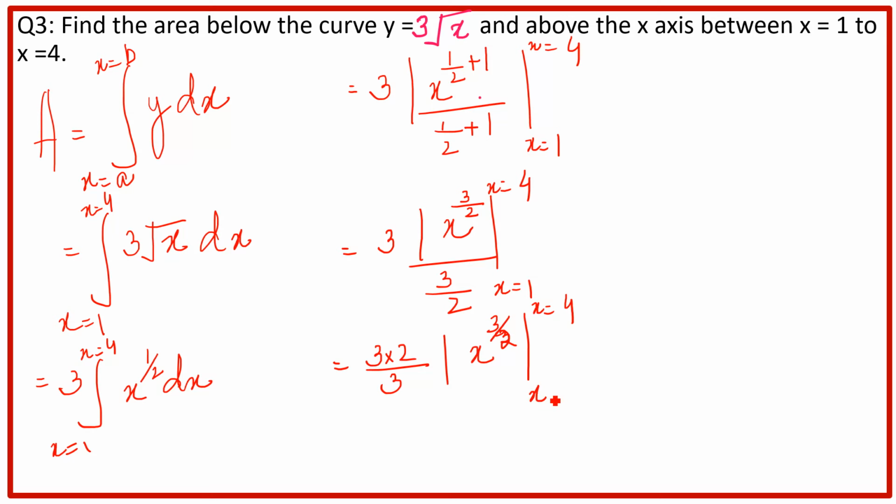So this 3 will cancel this. We have only 2 left here, and then x raised to power 3 over 2, from x is equal to 1 to x is equal to 4.